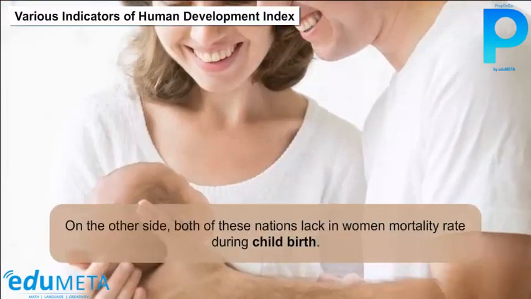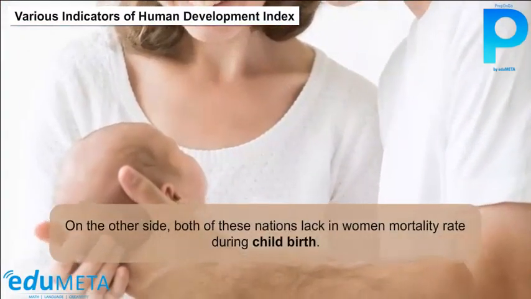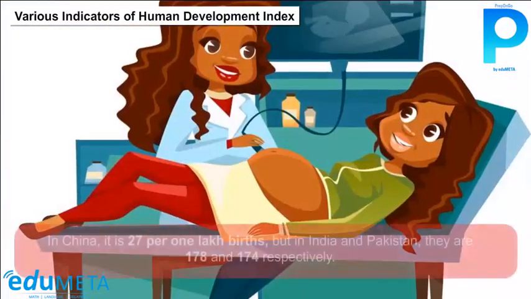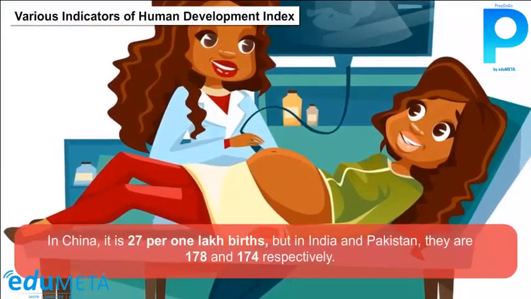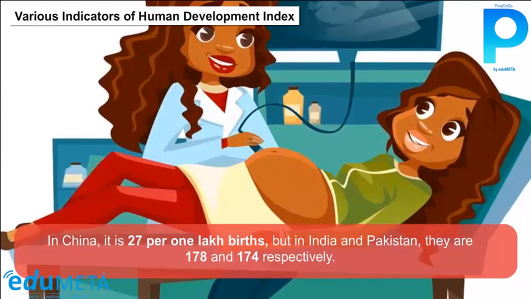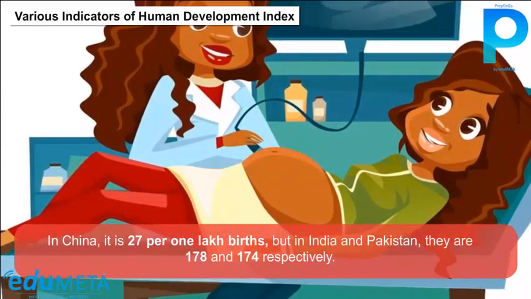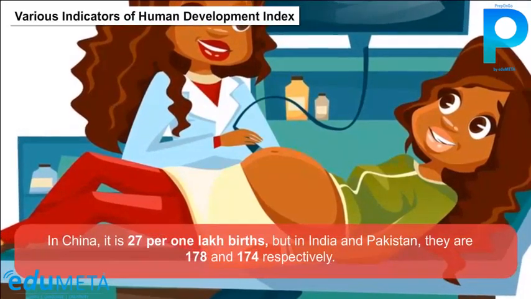On the other side, both of these nations lack in women mortality rate during childbirth. In China, it is 27 per 1 lakh births. But in India and Pakistan, they are 178 and 174 respectively.